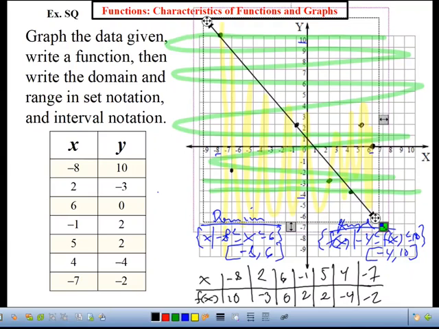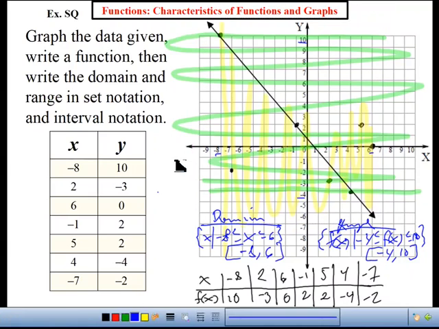Okay, so now that we have our line, let's get our function. y equals mx plus b. f of x equals m x plus b. We need our y-intercept first. Where does it cross? It looks about, I'm just going to make it at 1. So +1.